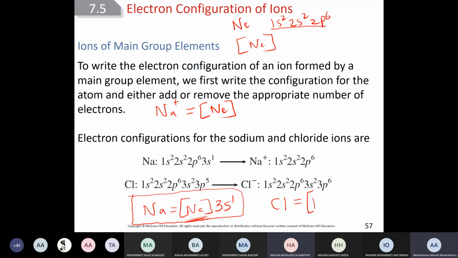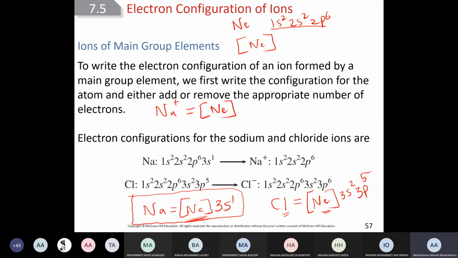[Ne] first, because this is the noble gas that comes before chlorine. Okay, and then 3s2, and then 3p5. This is the electronic structure of chlorine.